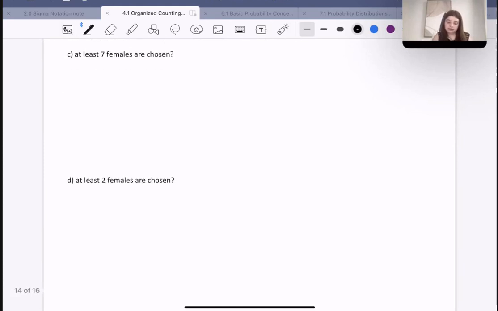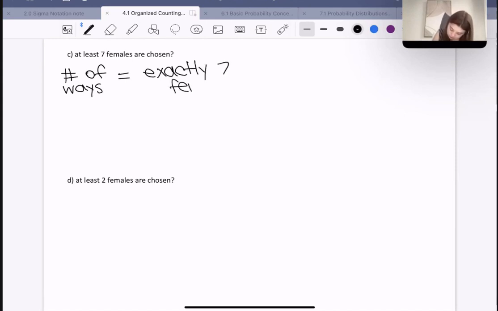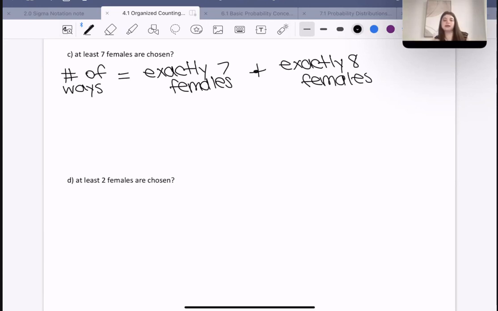So basically, the number of ways in this case would be equal to exactly 7 females plus the number of ways for exactly 8 females, right? Because in this case, we're asked about at least 7 females. So that means 7 or more, and the only way to get 7 or more is 7 or 8 because 8's our maximum. So keep that in mind.